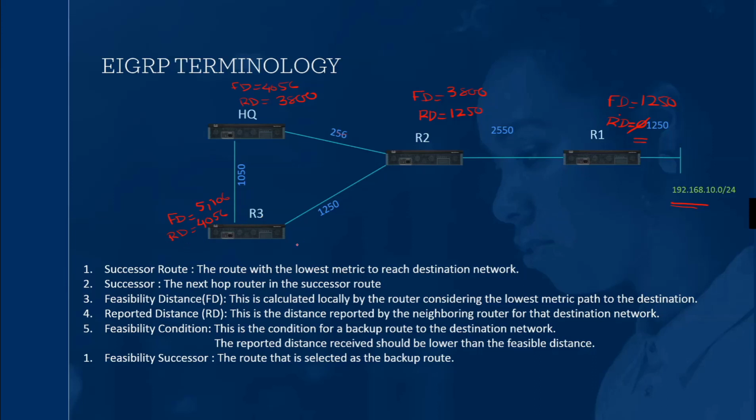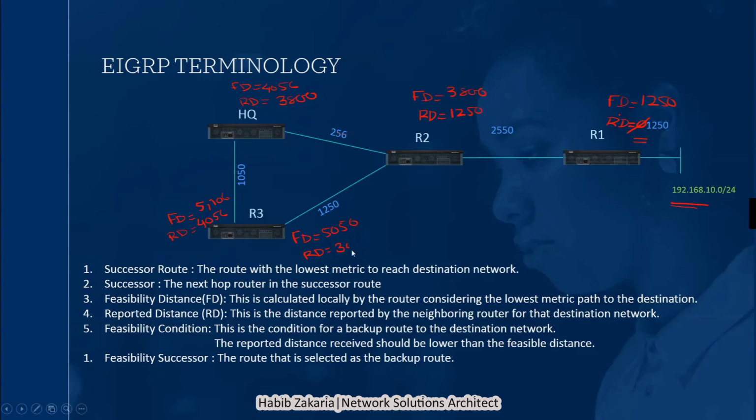Now, from R3's perspective, if it wants to reach the destination network, it will have another route advertised to it from R2. So the feasibility distance here will be 5050, and the reported distance would be 3800.